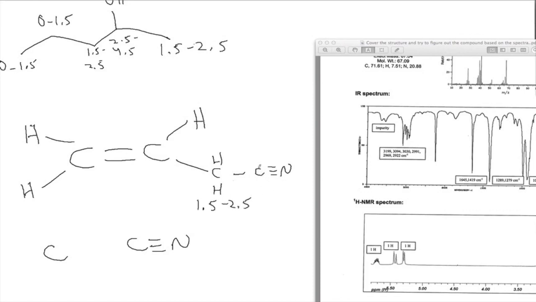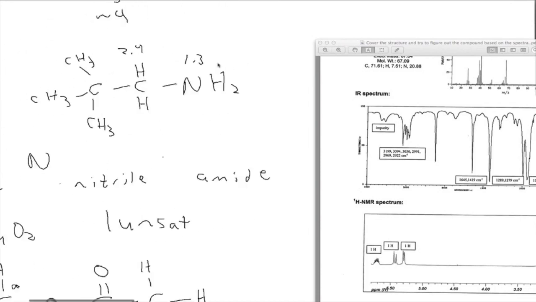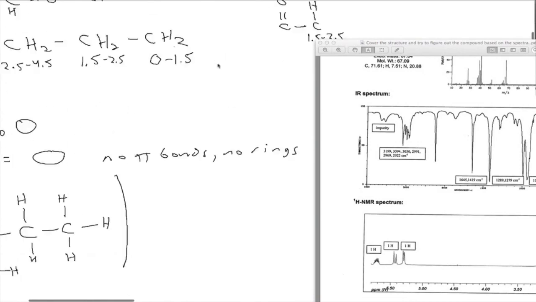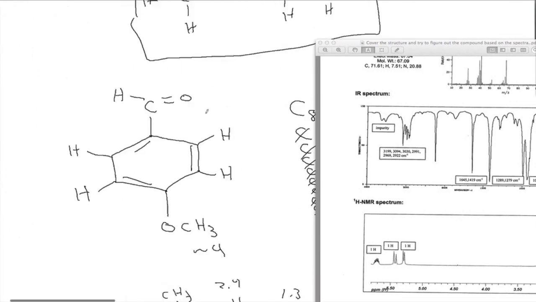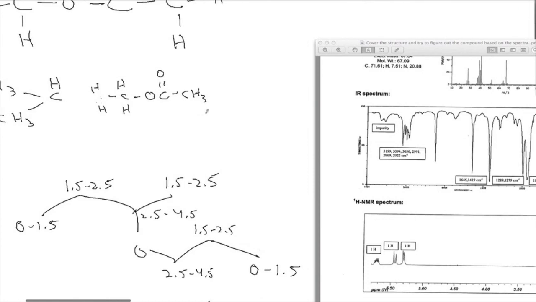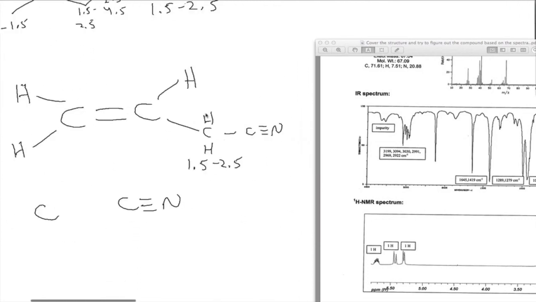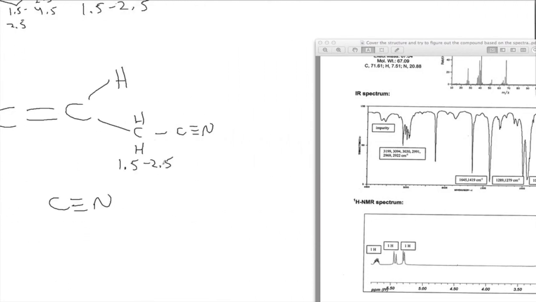If there were any hydrogens on this carbon, you might expect them to be... So anyway, using this rule that we talked about earlier, it's these types of hydrogens on the carbon that's connected to the carbon that's connected to the electronegative element. So we would expect this to be in the 1.5 to 2.5 region because the nitrogen's not on this carbon, it's on the adjacent carbon.